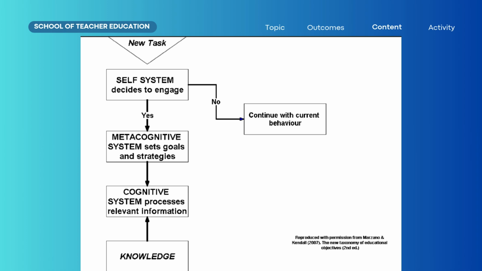The arrow going down means that the cognitive system and metacognitive system are achieved before the highest form, which is the self system. However, if the student doesn't want to engage, then that means he or she continues with the old behavior or with the old task.